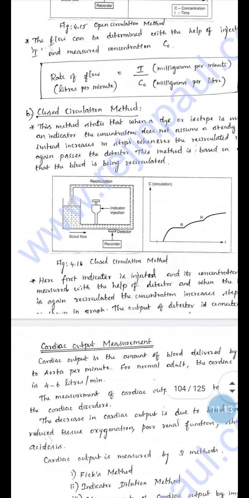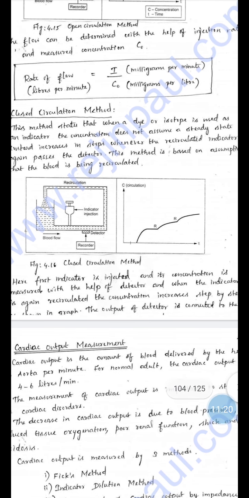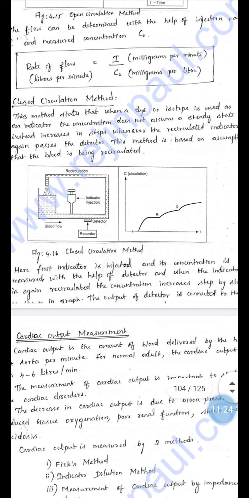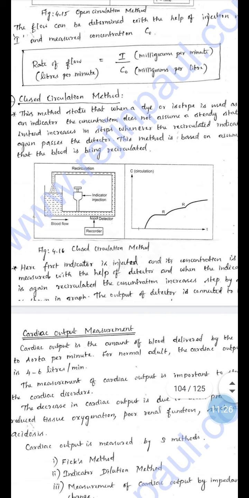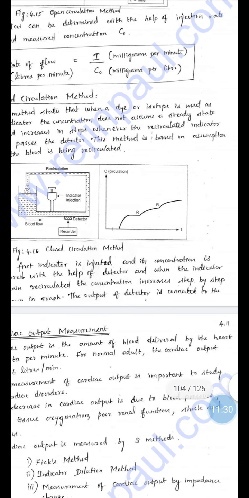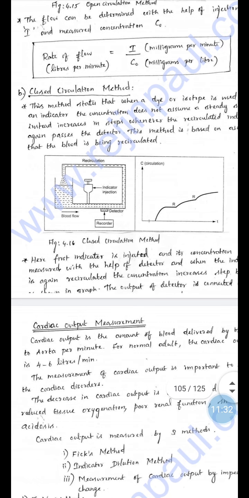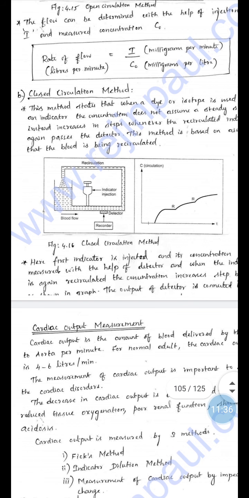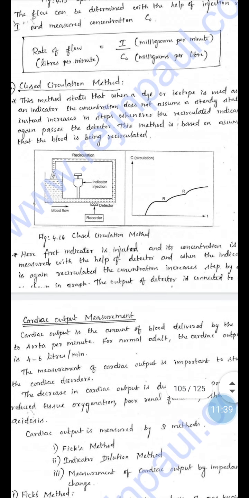Another one is the closed circulation method. This method states that when a dye or isotope is used as an indicator, the concentration does not assume a steady state, instead increasing in steps whenever the recirculated indicator again passes the detector. This method is based on the assumption that the blood is being recirculated.